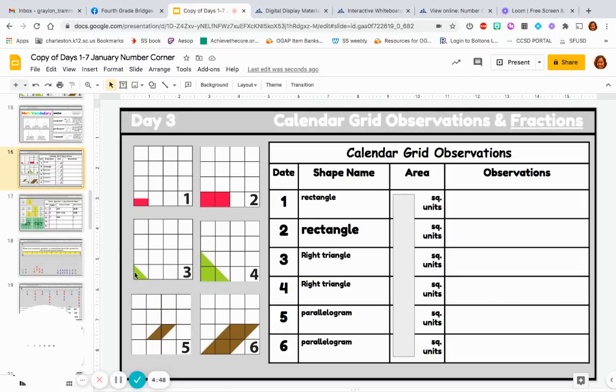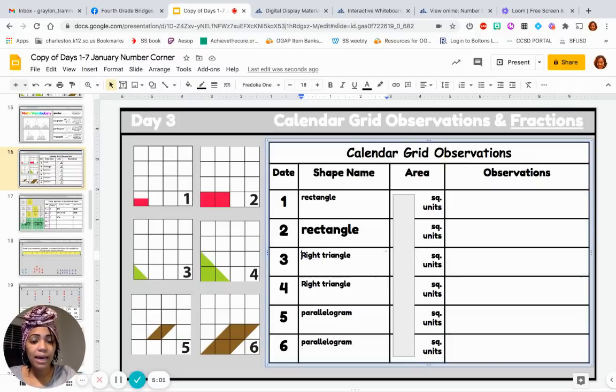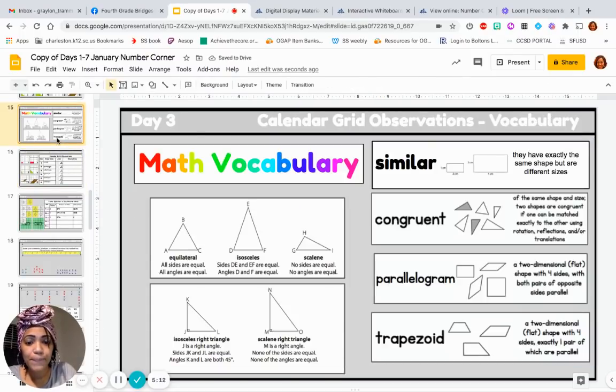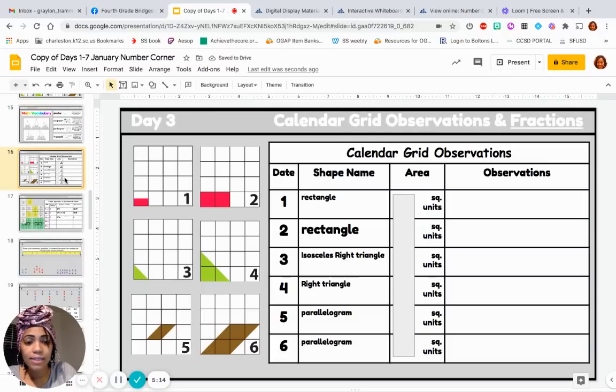So I just put a right triangle, but I think so because this is 1 and this is 1. So I could write isosceles right triangle. And you know what? I think I'm going to do that just for the sake of using our math vocabulary. Isosceles. I spelled that correctly. Let me just double check. Yes, I did.